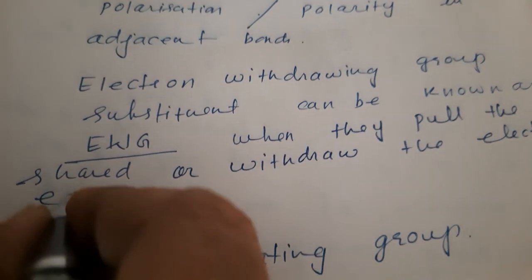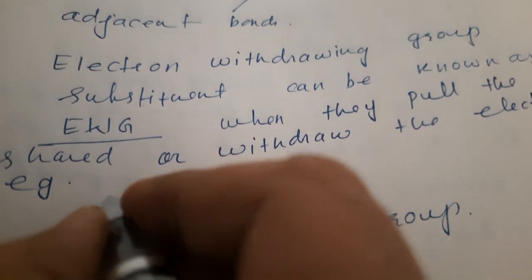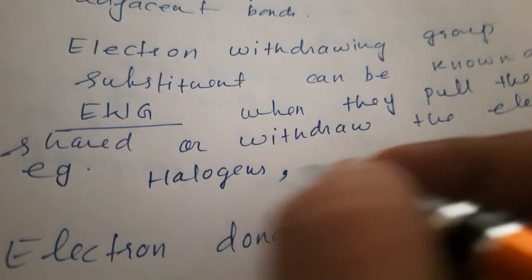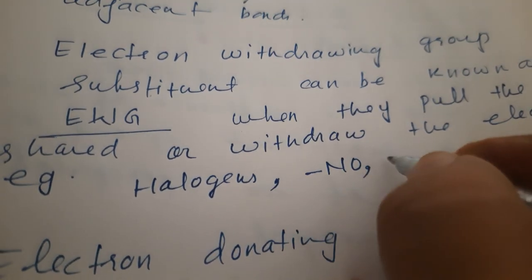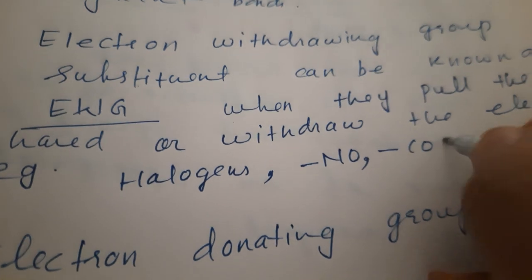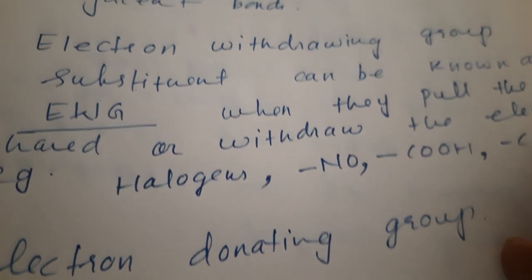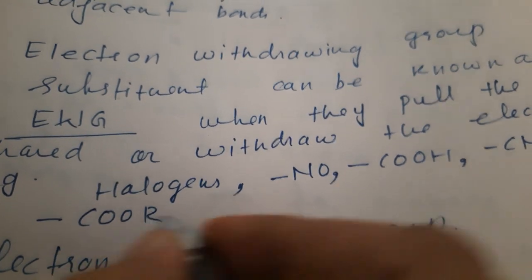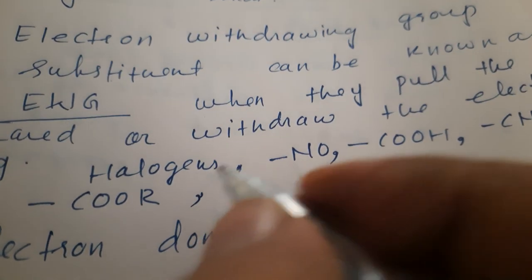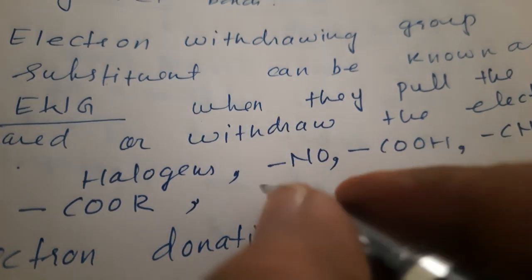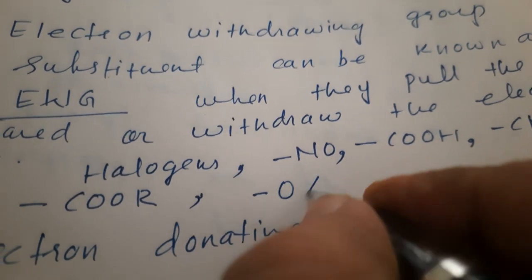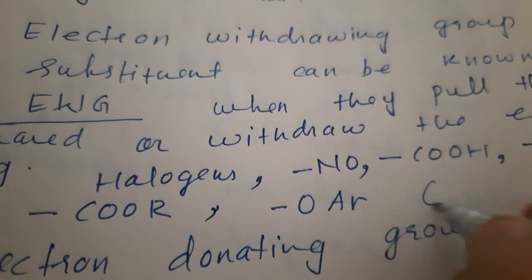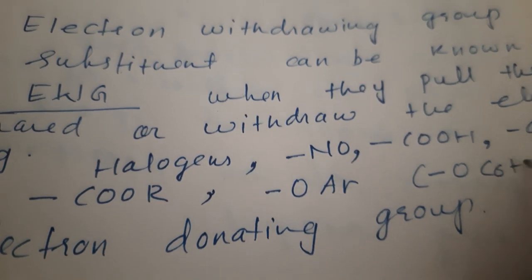Examples are: halogens, all the halogens, then nitro group, then COOH group, then CN group, then COOR group, ester, then aryloxy, that is OAr, where Ar means aromatic, for example OC6H5.